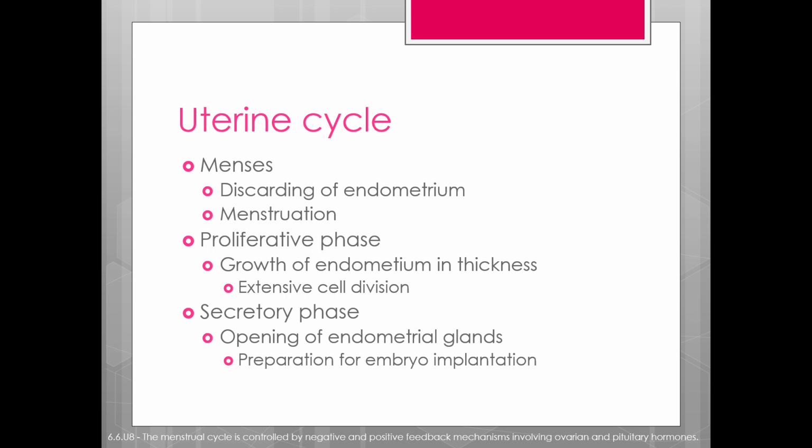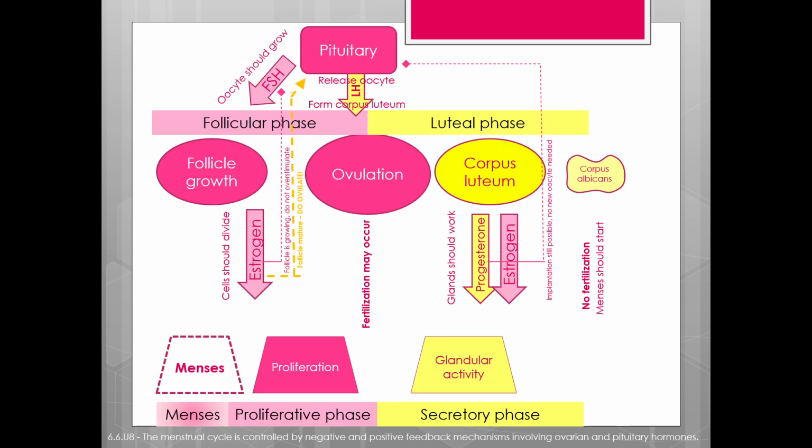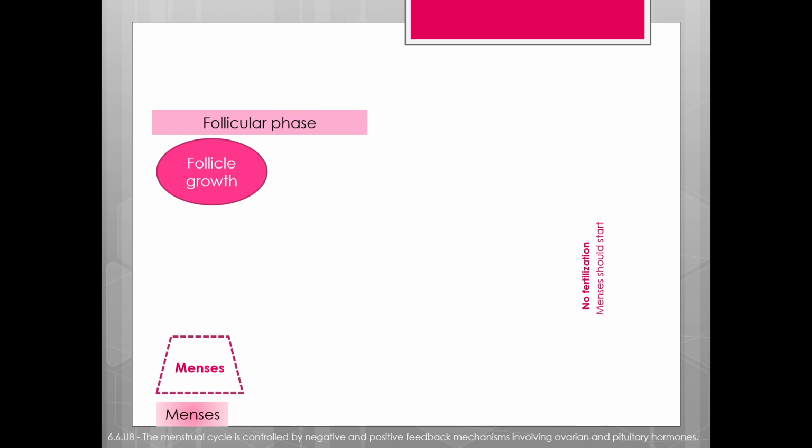Now, how to coordinate it and why? Basically, this is the diagram we are trying to understand. But of course not at once, gradually. So, when we are in the follicular phase, it means that the follicle is growing in the ovary, becoming bigger and bigger and more mature.